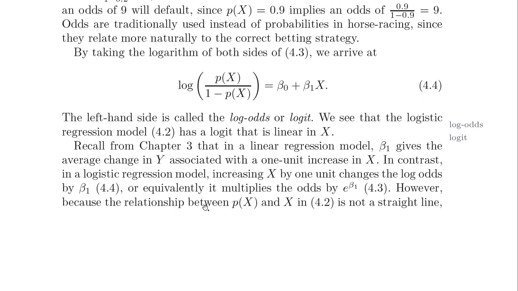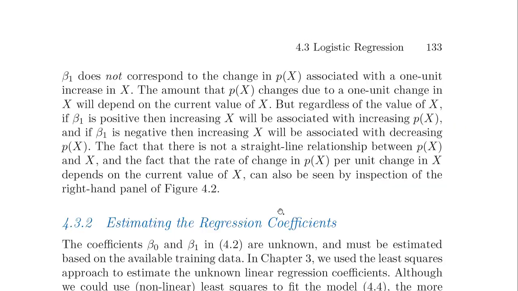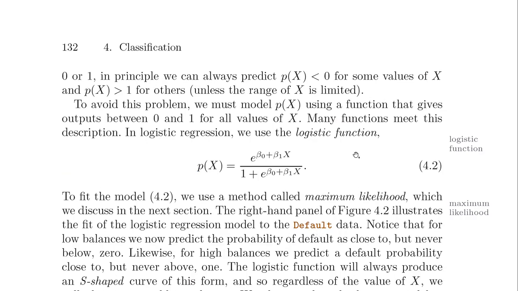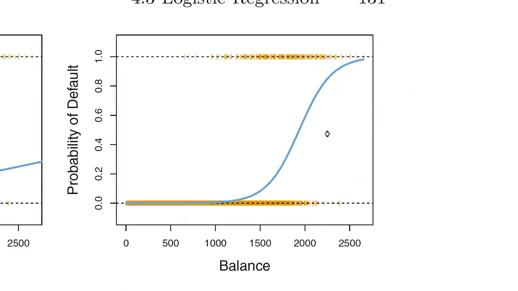However, because the relationship between the probability of default given X and X in 4.2 is not a straight line, beta 1 does not correspond to the change in the probability of default associated with a 1 unit increase in X. The amount that p(X) changes due to a 1 unit change in X will depend on the current value of X. What we're saying is the model is sensitive in different ways to different inputs.